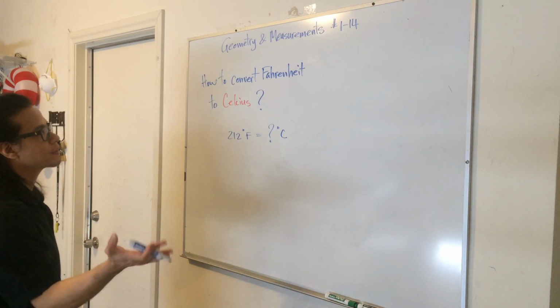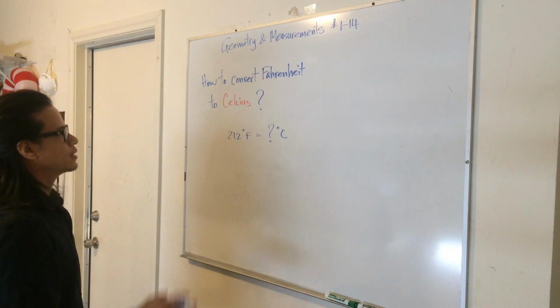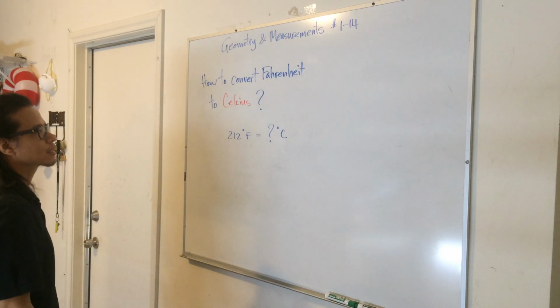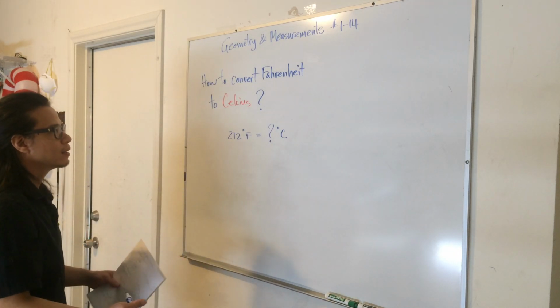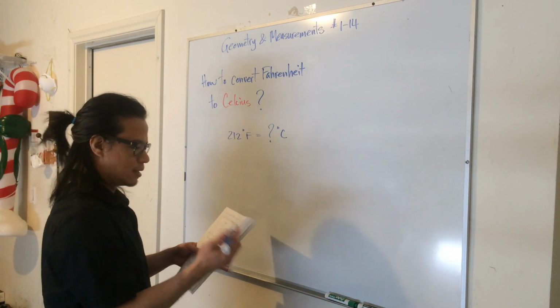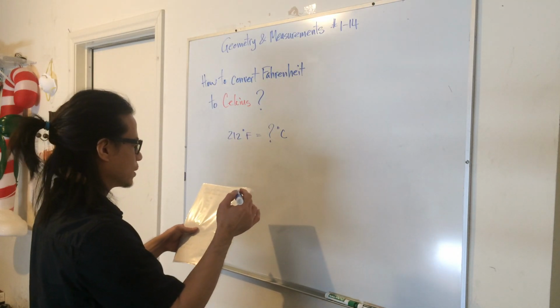Unless you've lived in Europe, Asia, or some country outside of the United States, you might not be able to figure this out right away. So you might need a formula to work with.